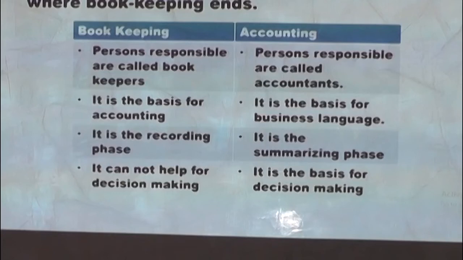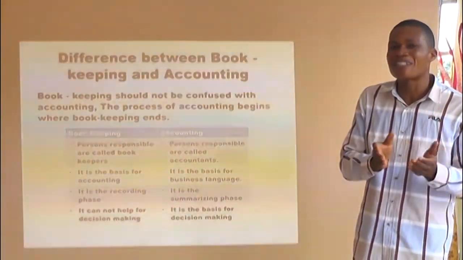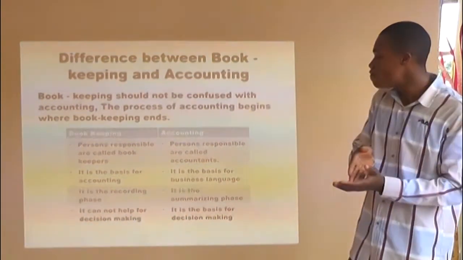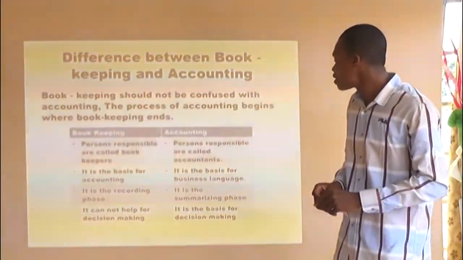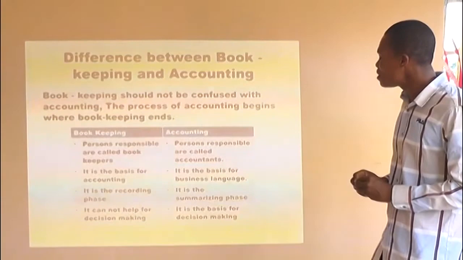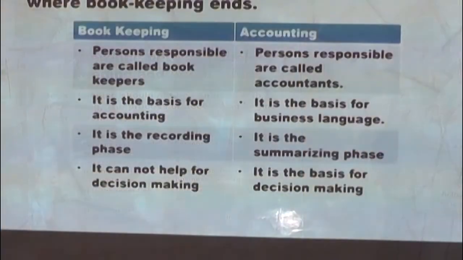Therefore, you will see that it is just an ordinary book, that is bookkeeping. Ordinary book that has nothing to do with what? It has nothing to do with financial accounting. It is just a basis for financial accounting. Whereas financial accounting will help you to what? Take decisions. You will be able to make a decision on whether to continue the business or not, based on the record obtained from the bookkeeping.